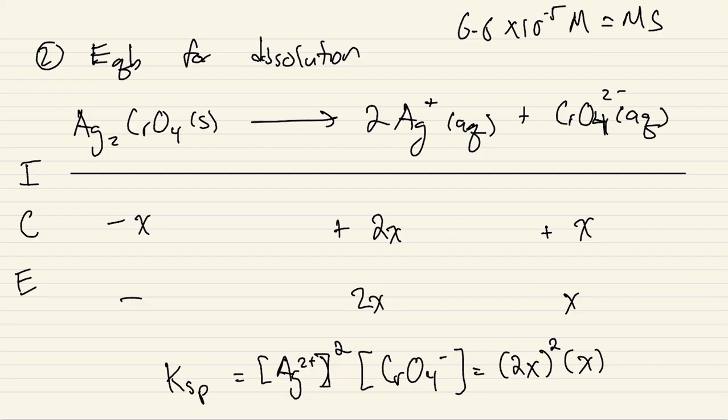It was the concentration of that substance in solution. So x is going to be equal to the concentration of Ag in solution, and the molar solubility is what gives us this value for x.